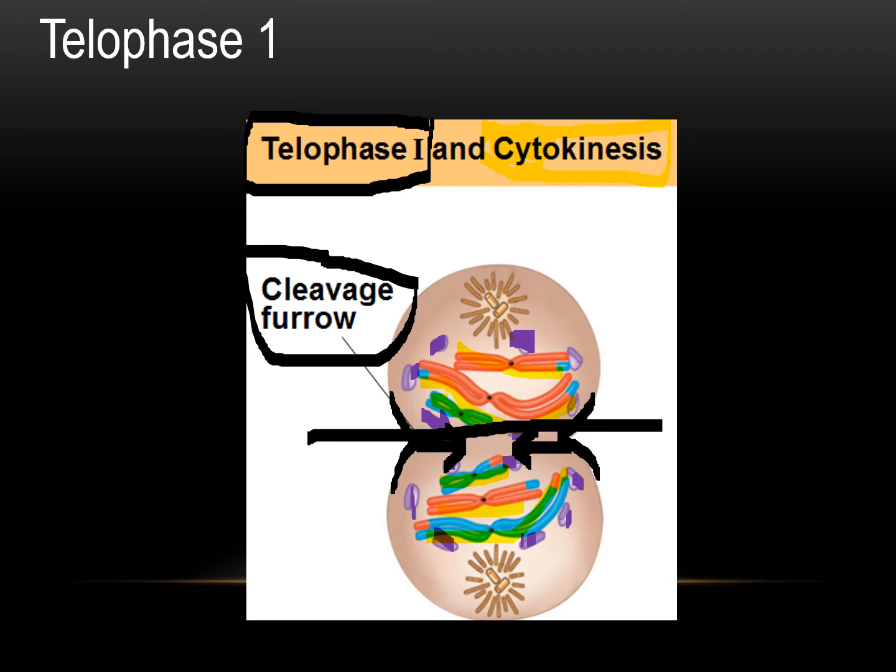Notice as well that in the beginning, we had a complete red and a complete blue chromosome, whereas now there is a red chromosome with a bit of blue, there is a blue chromosome with a bit of red in each of your cells that have been formed. And so they are genetically different to the original parent cell.